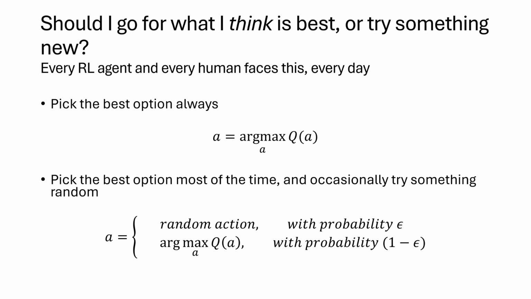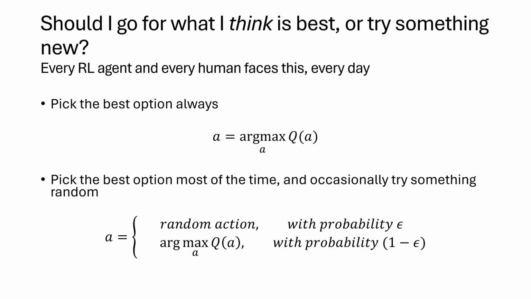First is to pick the best option always, and mathematically it is to pick an action that maximizes the action value function Q of a, given by the notation argmax a Q of a. The second option is to pick the best option most of the time and occasionally try something random.